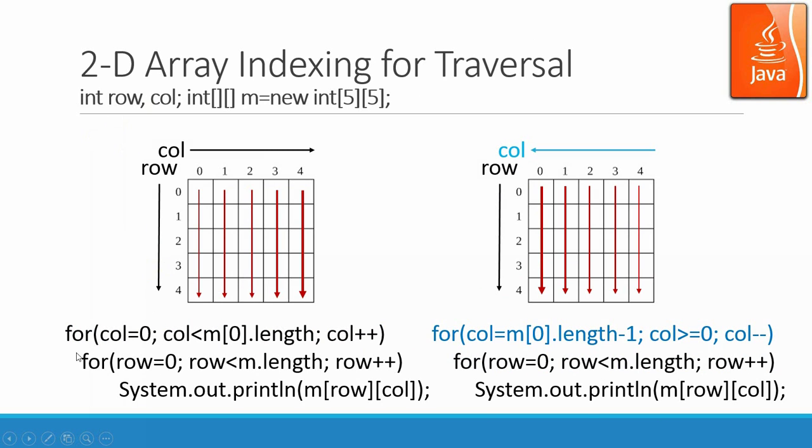For column-major, if we set the outer loop by column, and start from 0 to m[0].length, and row from 0 to the number of rows, we'll get started from here to here, that is vertically running. And if we start from the last column back to the 0 column, we'll be going like this.